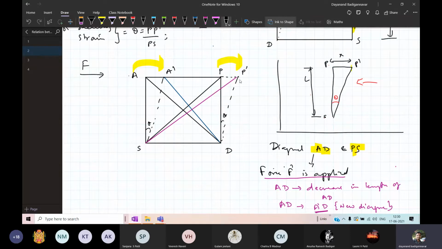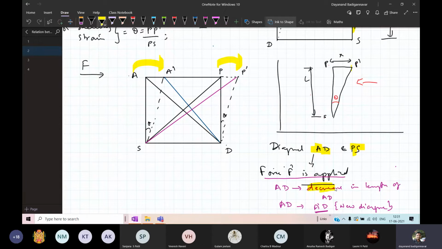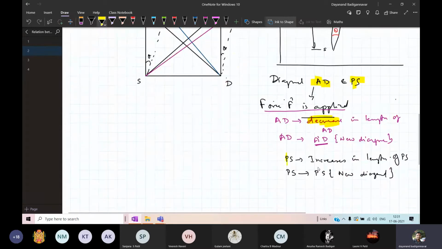For AD, there is a decrease in the length of the diagonal, while for PS there is an increase in the length of the diagonal.